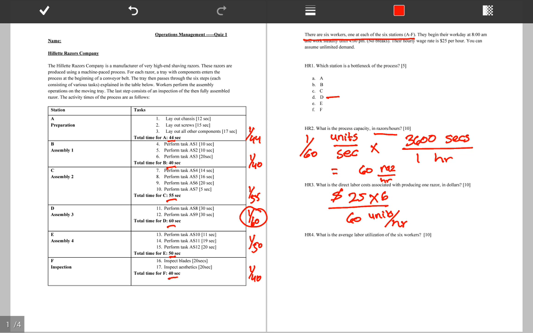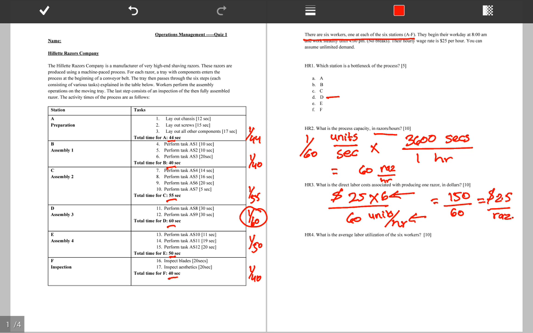Why do I use the hour one? Because the wage is expressed in terms of hour here, $25 per hour multiplied by 6 people, and there are 60 units being produced each hour. That's why we have 150 divided by 60, which is about $2.5 per razor.